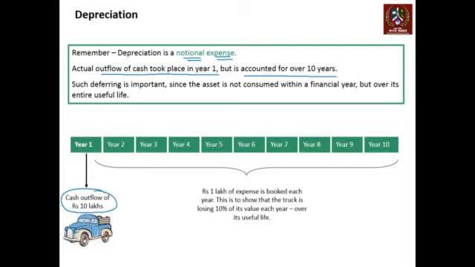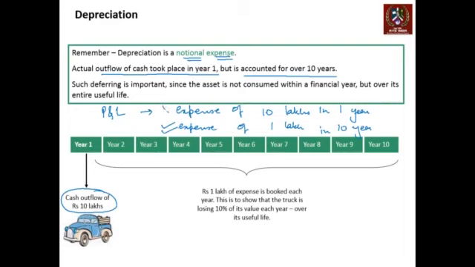But in your profit and loss statement, you don't want to penalize by booking an expense of 10 lakhs in 1 year. There are two ways you can do it: booking an expense of 10 lakhs in 1 year, or an expense of 1 lakh in 10 years. In the P&L, this is what is used and this is what is not used, right?